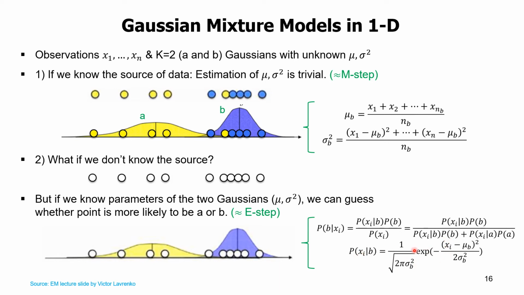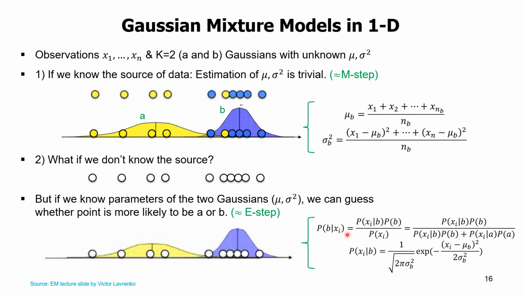If you know the values of the parameters here, then you can compute this probability, and if you know these probabilities, you can compute this.